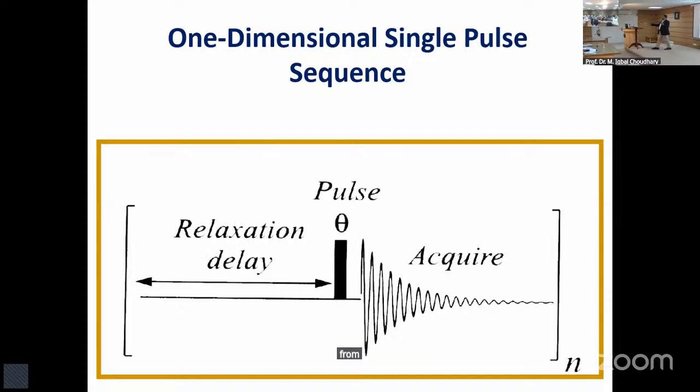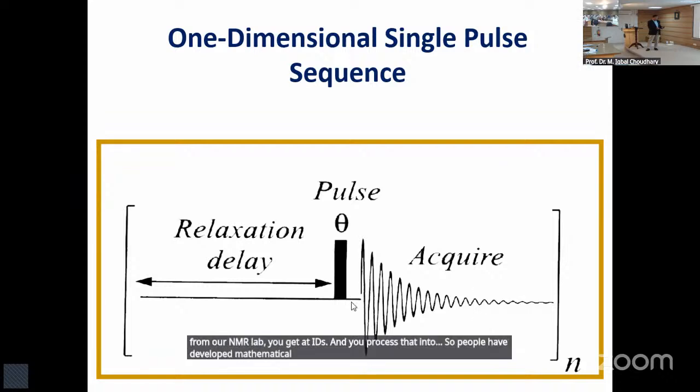From head to tail, the content of information varies. The information of your signal is all in the FID. From our NMR lab, you get FIDs, and you process that into frequency. So people have developed mathematical equations.